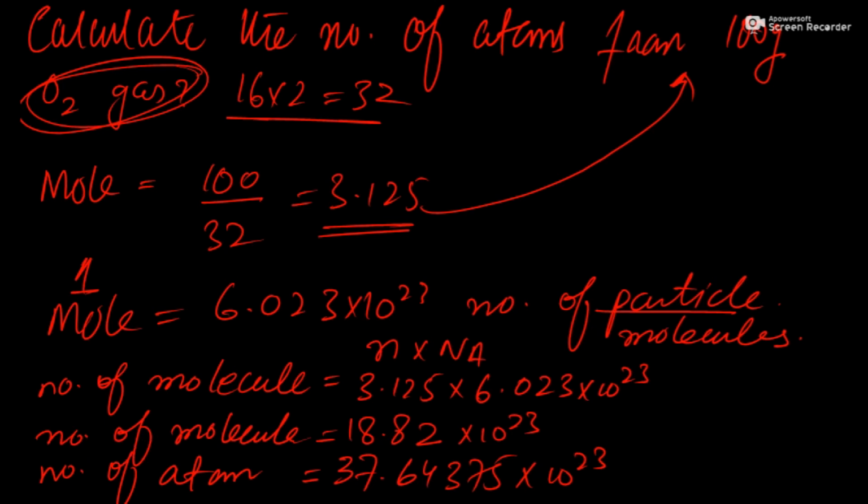For this example, I'm just going to erase all of these things, and I'm talking about calculating the number of bonds in methane. For example, we have 50 gram methane.